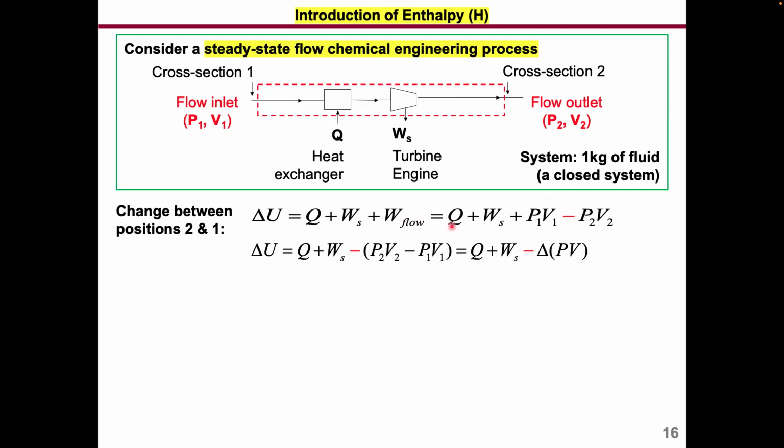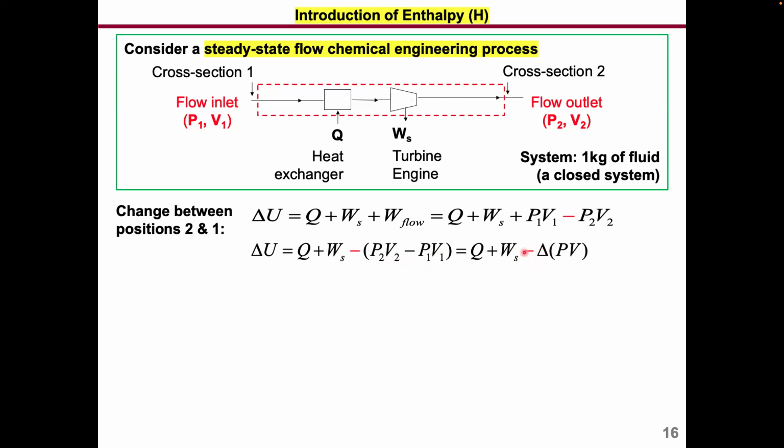And if you rearrange the equation, put a minus sign in front, P2 V2 minus P1 V1, and then Q plus WS. And again, this P2 V2 minus P1 V1 is just like delta PV, right?